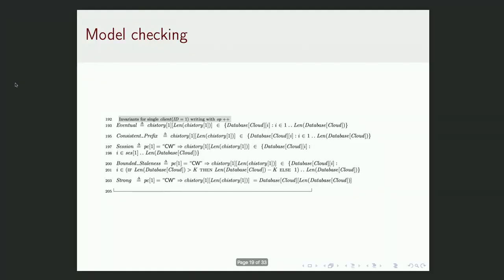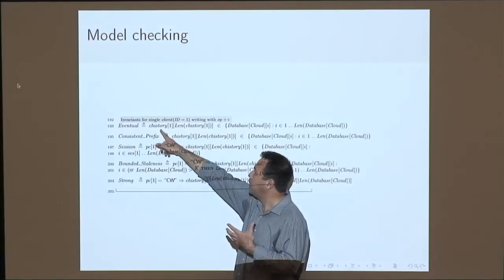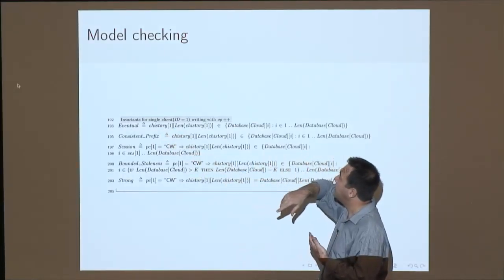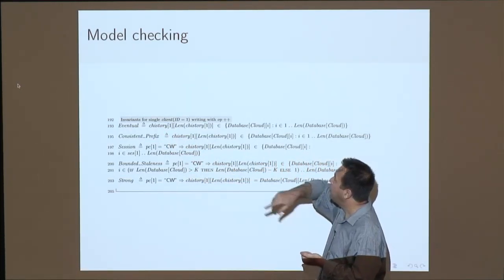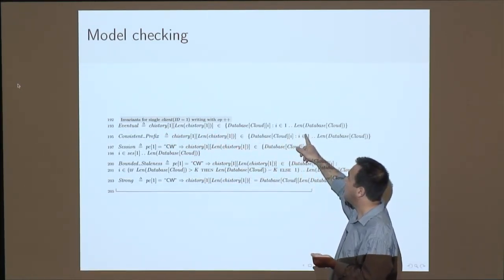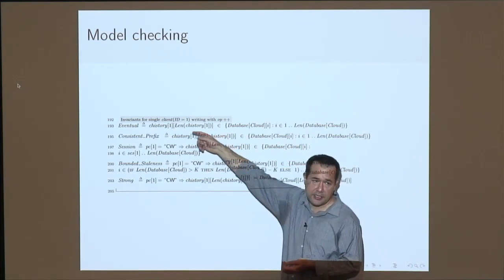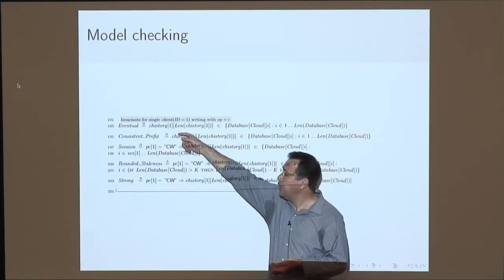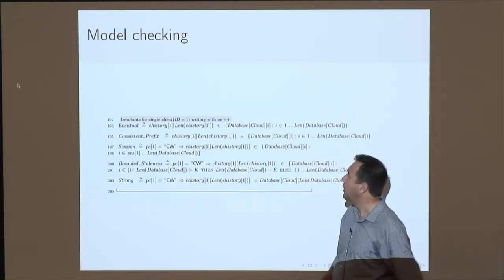Okay, so these are invariants, how you write invariants. We put these things from the client observed state in C history. Now we can say, how does the C history relate with respect to the database? At any point, the invariant says that this is satisfied. And these are all safety properties, as pointed out.